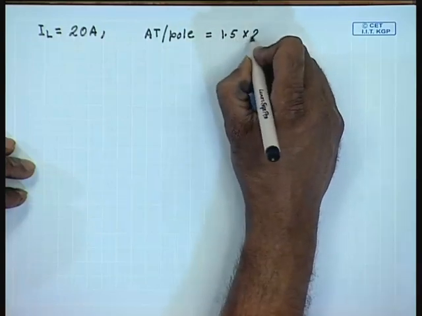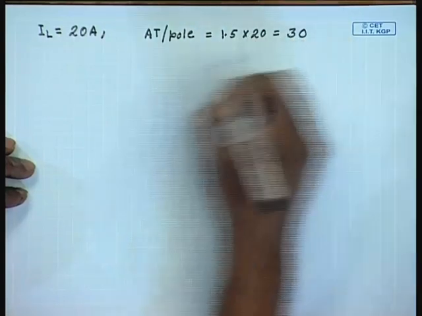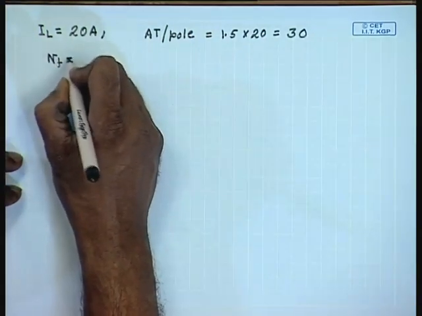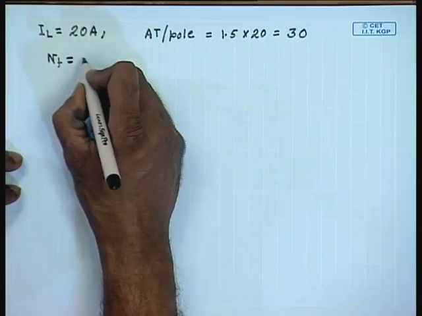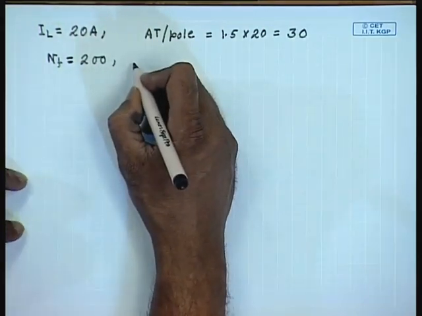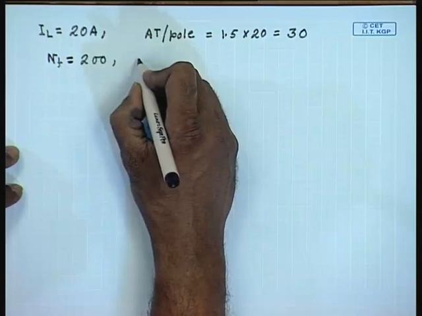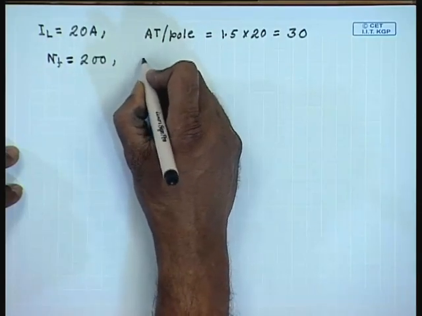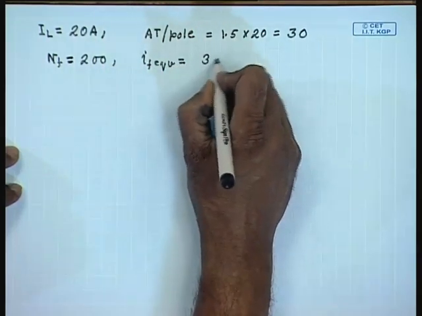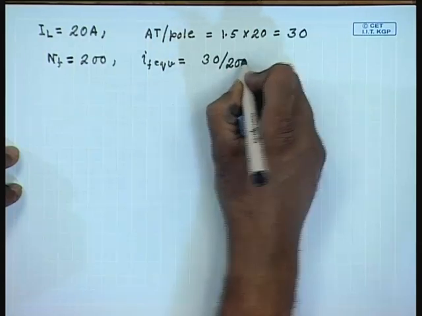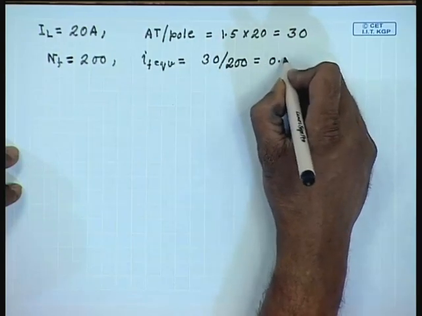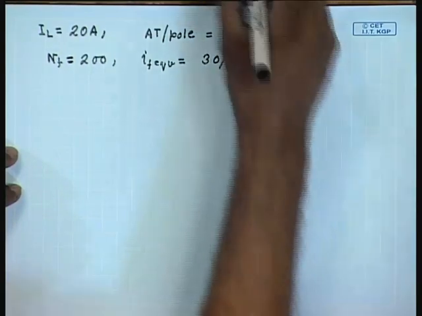So, demagnetizing ampere turns equal to 30. Number of field turns is Nf equal to 200. Therefore, equivalent field amperes for the demagnetizing armature reaction ampere turns is 30 by 200 equal to 0.15 amperes.